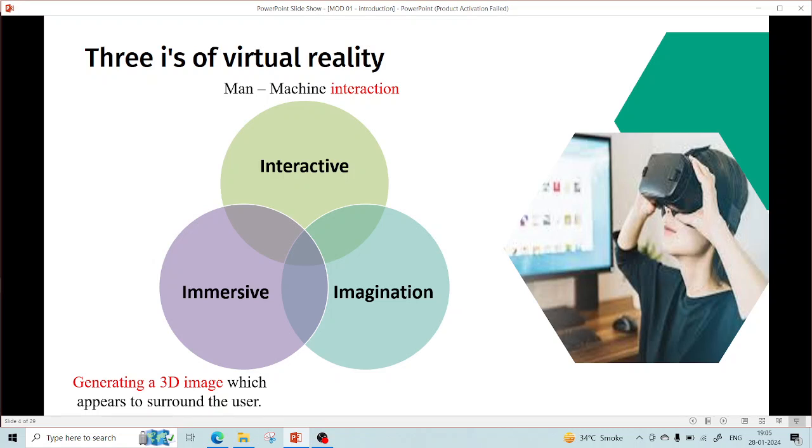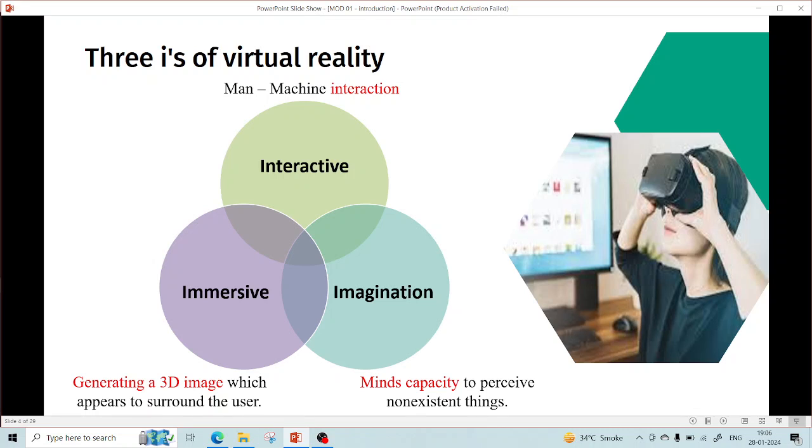The third one is imagination, and for imagination it's basically the new technology, and you need to find new ways to demonstrate or experience the storytelling, the environment creation, or the application which you are focusing on. So there are infinite possibilities when you try to design a virtual environment.